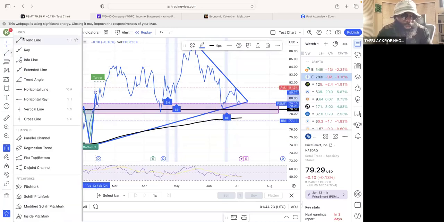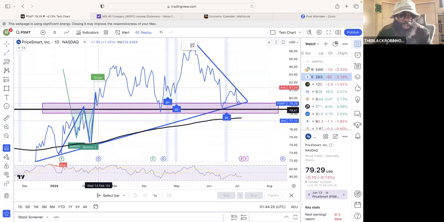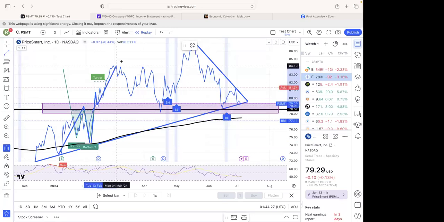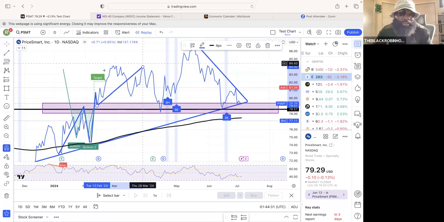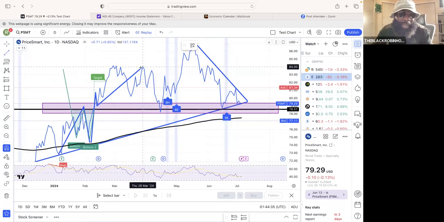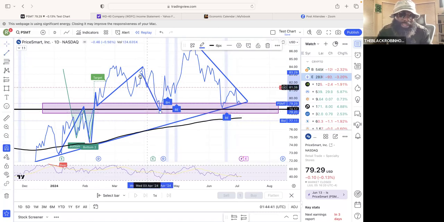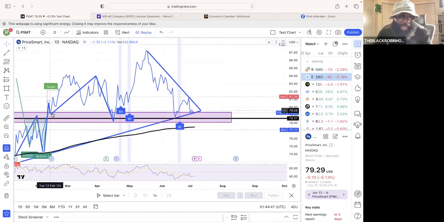So now you have to look for a new ceiling. From that zone, it went up, let's say here. And then it came down back home to that new floor, the old resistance which has turned into a support.